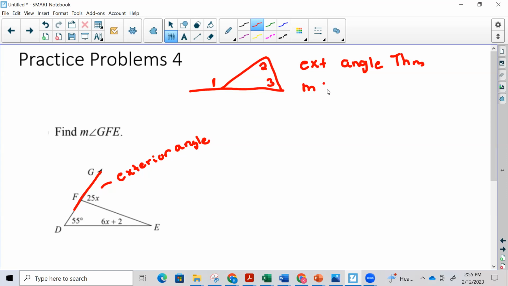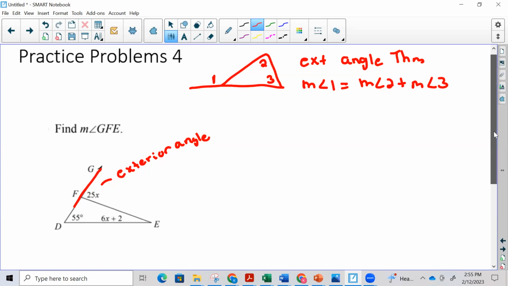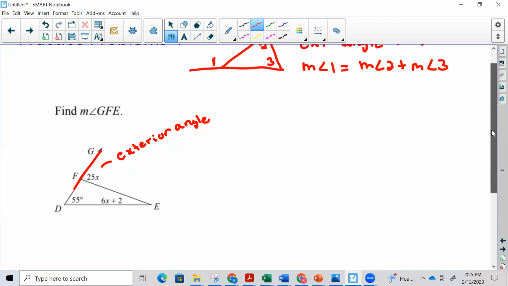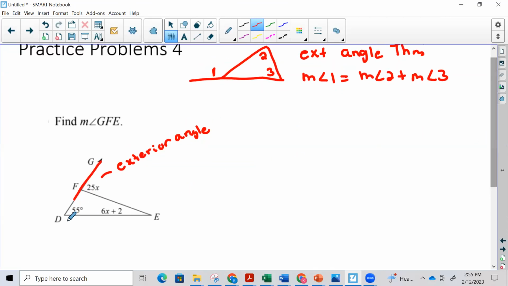So we know that the measure of angle 1 is equal to the measure of angle 2 plus the measure of angle 3. We did a proof of that in a different video. Again, I would make sure to review how you know that and how to prove that. But in this problem, we're just going to use this formula to help us find the value of x.